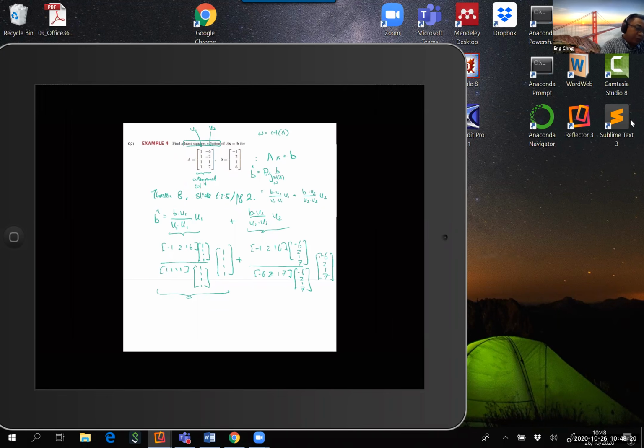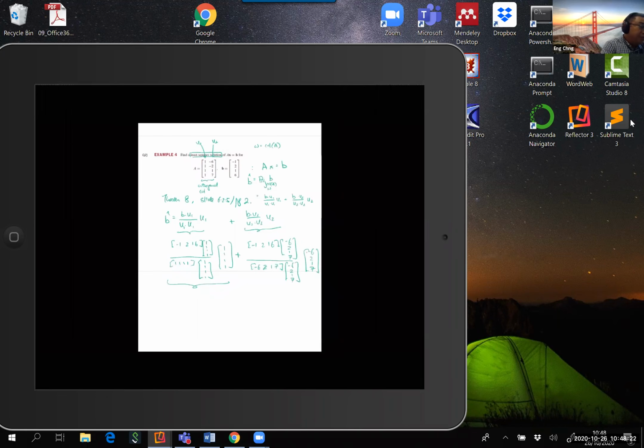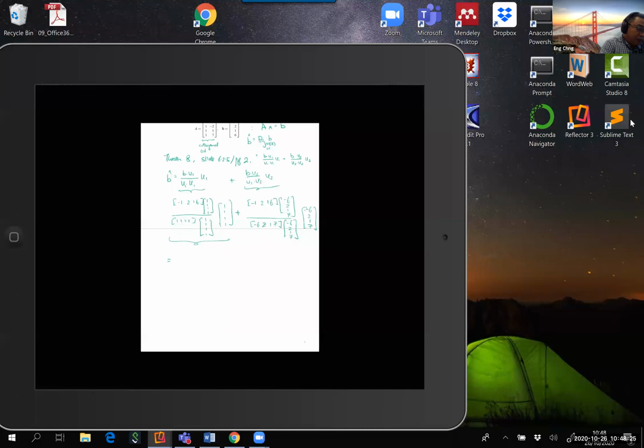All right, it looks very complicated, but actually, it simply reduces to 8 divided by 4 multiplied by 1111 plus 45 over 90 times -6217. So always remember, this is U1, the first column of A. This is U2, the second column of A.